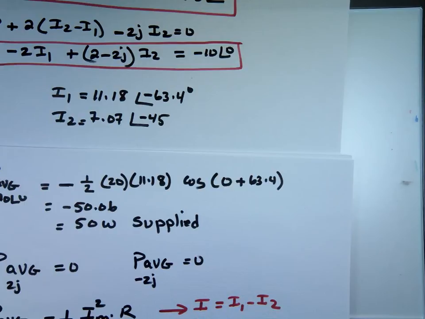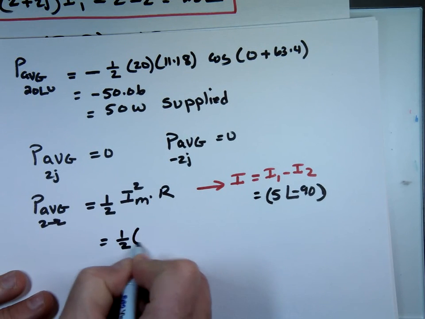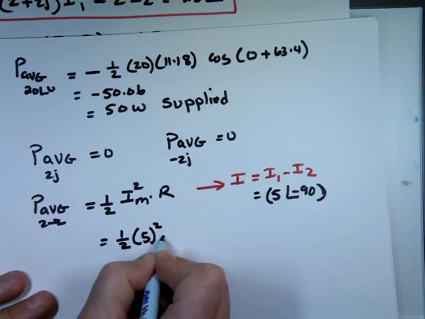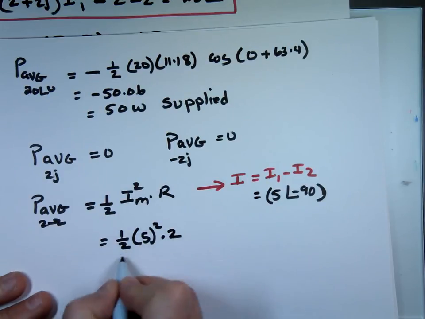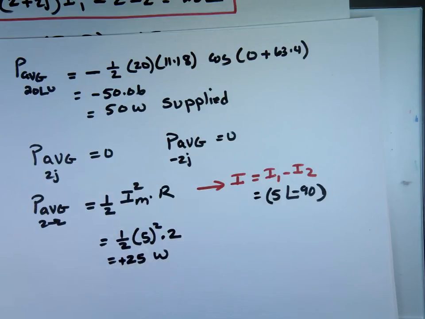I came up with 5 angle -90. I use that value here: 1/2 times 5 squared times R, which is 2, gives me 25 watts. That's positive, so it's absorbed. A resistor doesn't supply any power.